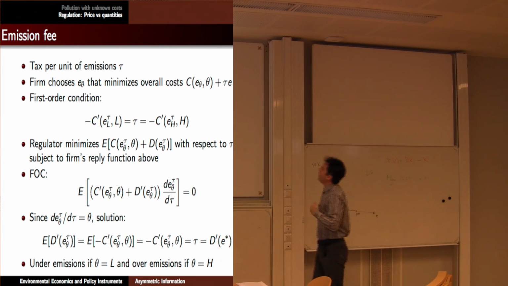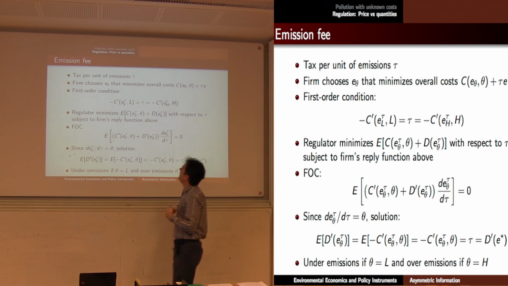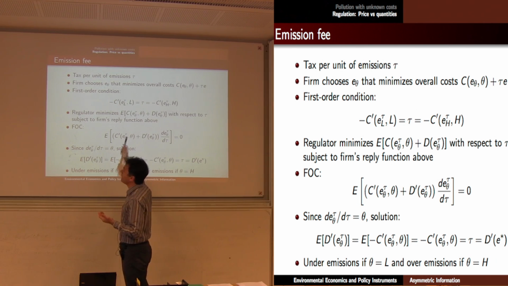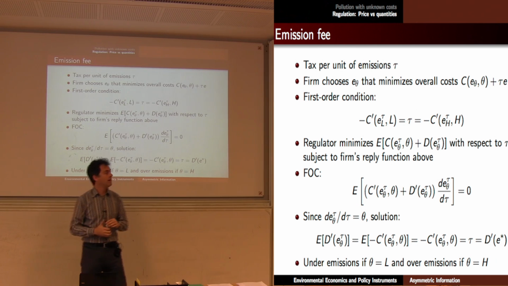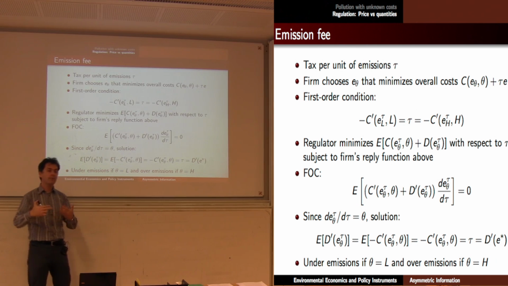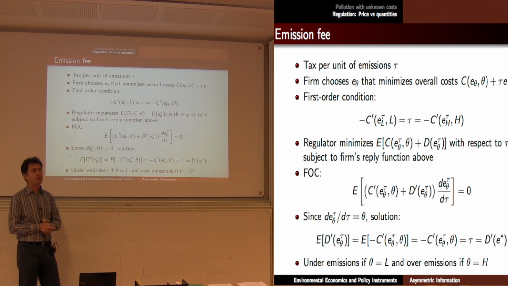So for a level of tax tau, the firm will equalize marginal abatement cost to the level of tax. So this is a first best reply to some level of tax. Every time you increase tax, the firm will modify the emission, but in a way to equalize the marginal abatement cost to the tax rate.